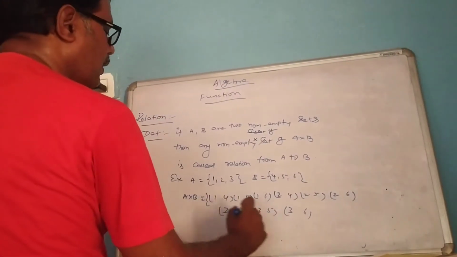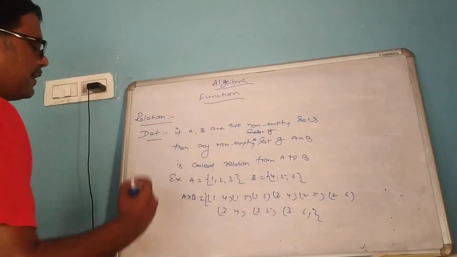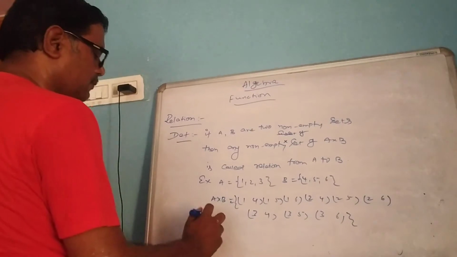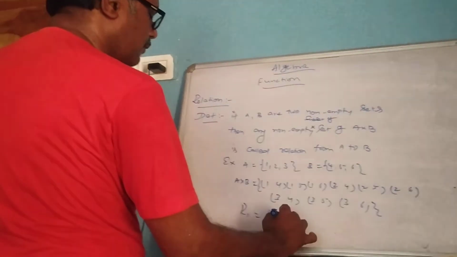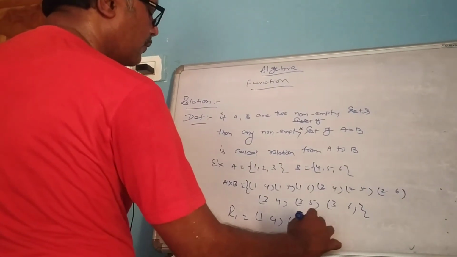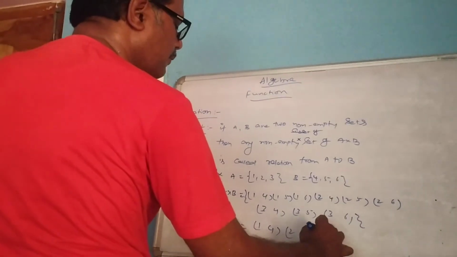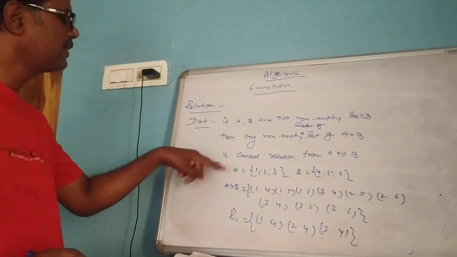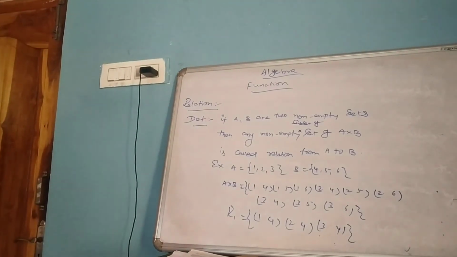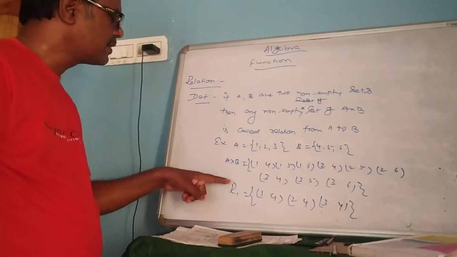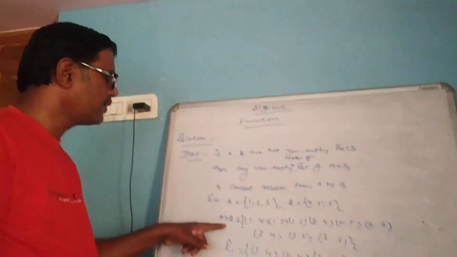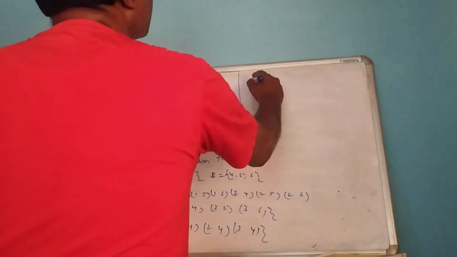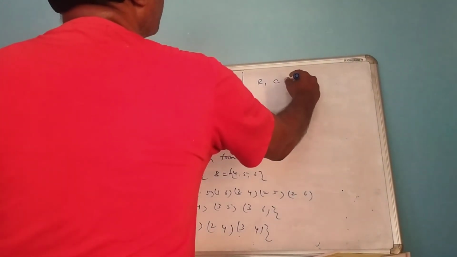Now I have taken a subset R1 from this: (1, 4), (2, 4), (3, 4). This is a relation from A to B because R1 is a subset of A cross B.